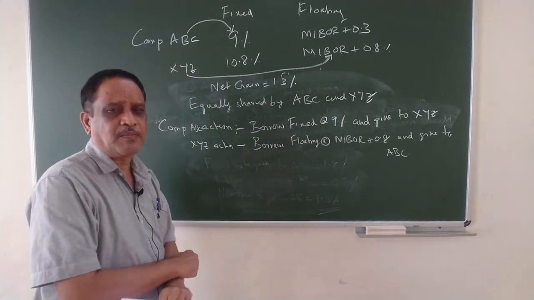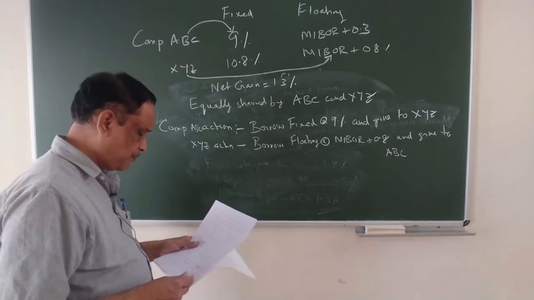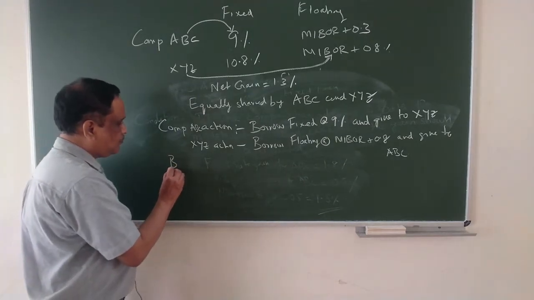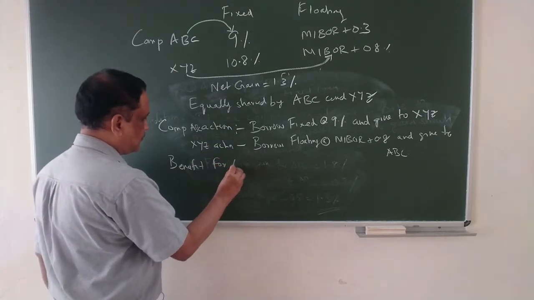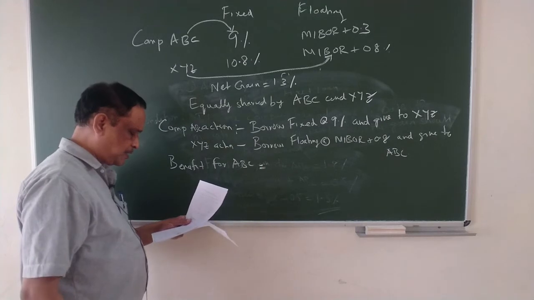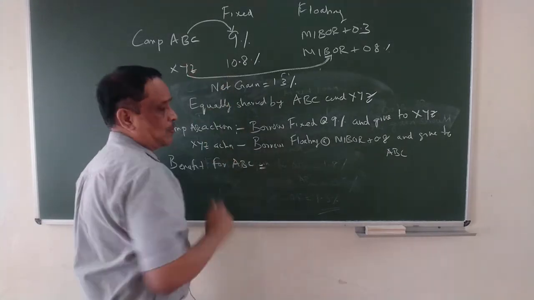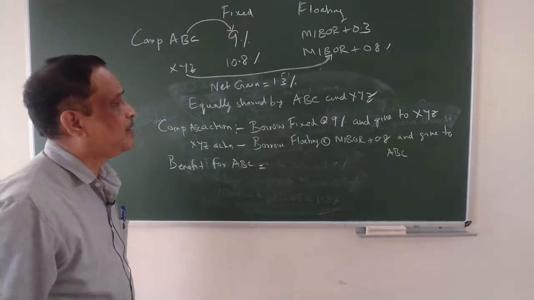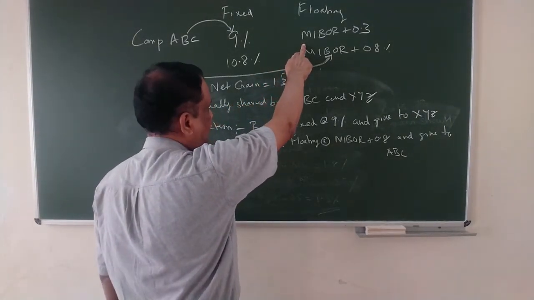Now we will see how the benefit is shared. Okay. Now, what is the benefit for ABC? See, if they had taken floating rate of interest, what they would have paid? They would have paid LIBOR plus 0.3.